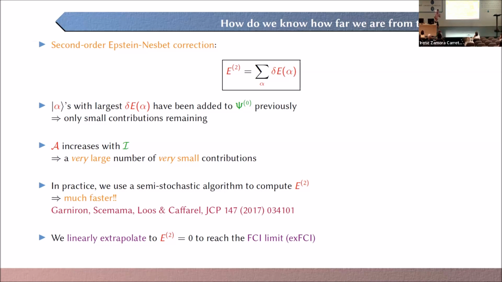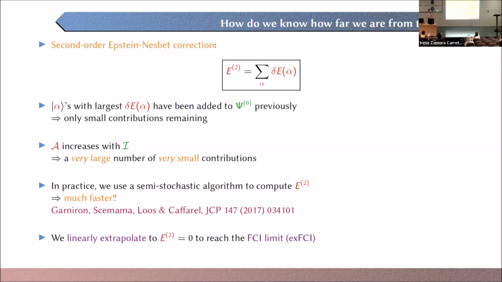The cool thing about that number is that when it is equal to 0, it means that you have reached the full CI limit. It is always negative, and so it's going to decay slowly until you reach 0, and you know for sure that you are at the full CI limit. So that's the cool thing about it.